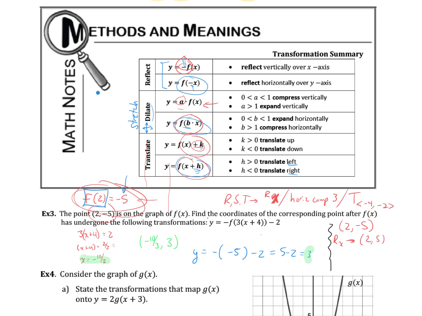Horizontal compressed by 3 means the x-coordinate has to march towards the axis, so it's like dividing that by 3. That 2/3 looks familiar actually as part of another thing. And then I have to translate this down that way. So subtract 4, that's my friend right there, and subtract 2. Guess what? I get the same point that I had before. That makes me feel good.